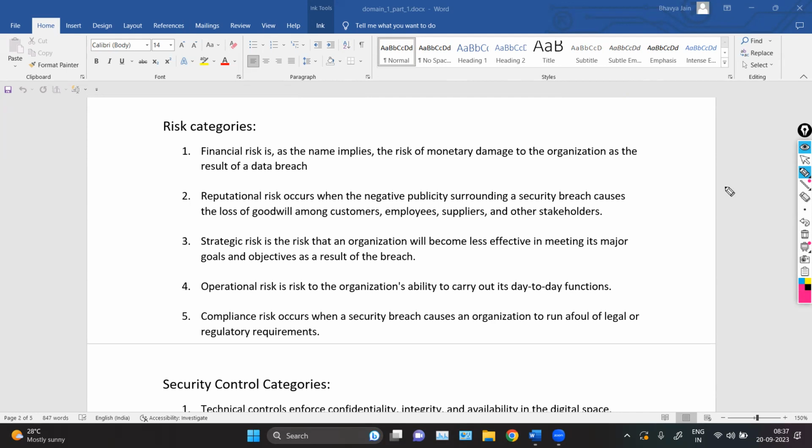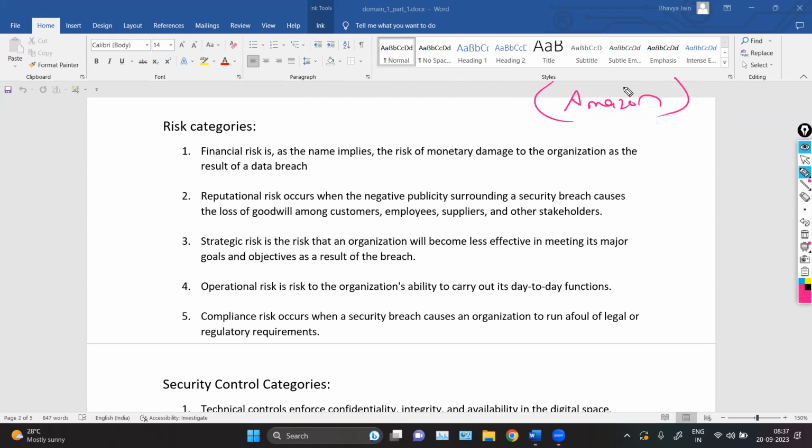Second, reputational risk occurs when the negative publicity surrounding a security breach causes the loss of goodwill among customers, employees, suppliers, and other stakeholders. Let's take that similar example. There's the Amazon company. Now let's say a data breach takes place in the Amazon company. Now the customers of Amazon, or the stakeholders, the suppliers, or the employees of Amazon will no longer trust the Amazon company because of that data breach.